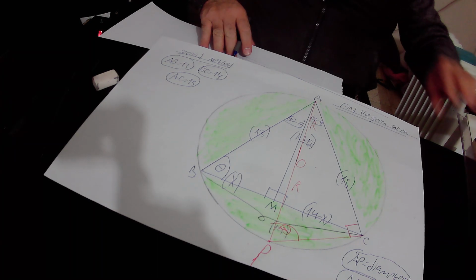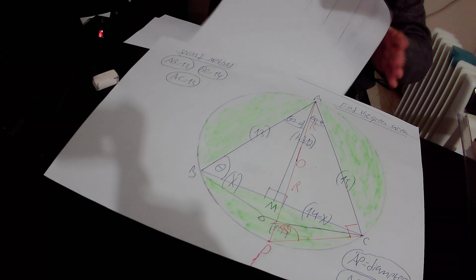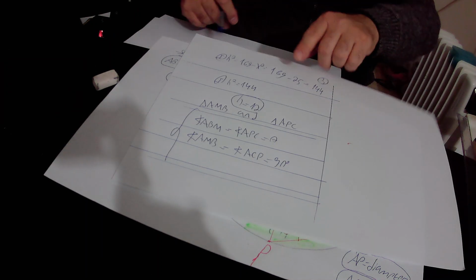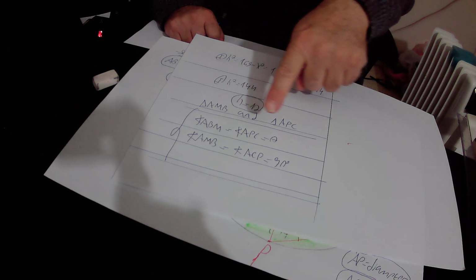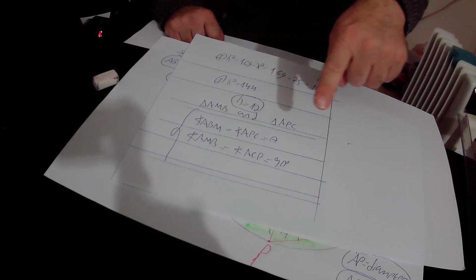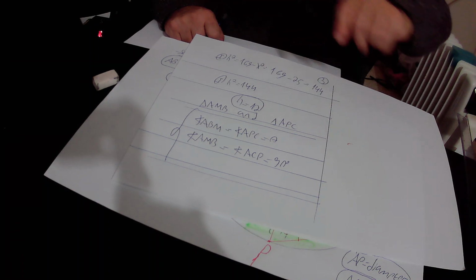Repeat again. Angle AMB in triangle ABM equals angle ACP in triangle APC. They are both equal to 90 degrees, therefore they are equal to each other.